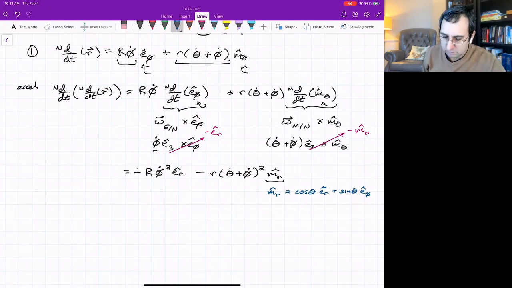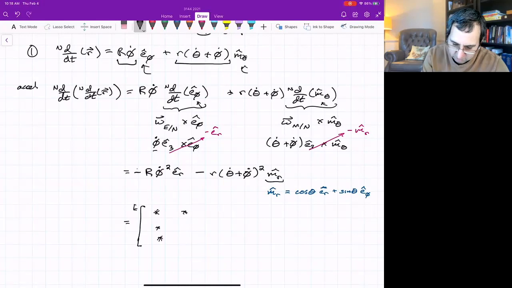So you could plug everything in and write this in terms of the E frame components. And I'll just leave that to you. I don't think we need to belabor that.